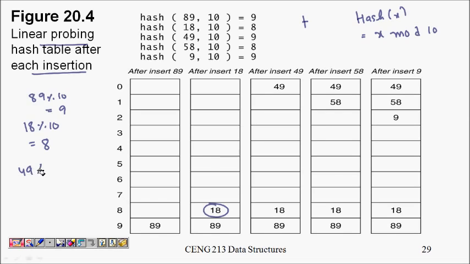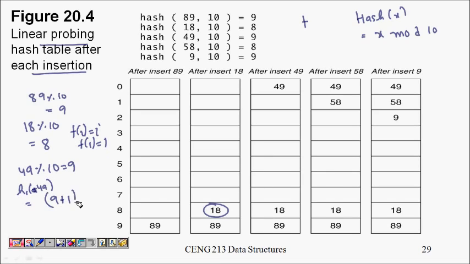Then I need to put 49. 49 modulo 10 is 9. Now you see that cell 9 is filled. So h1 of 49 will be 49 modulo 10, which is 9, plus f(1), where f(i) is equal to i, so f(1) is 1.